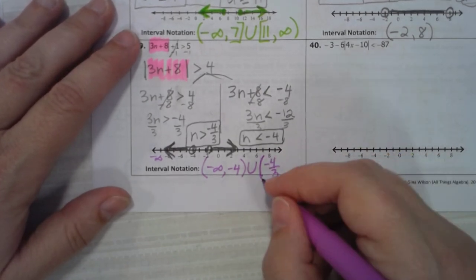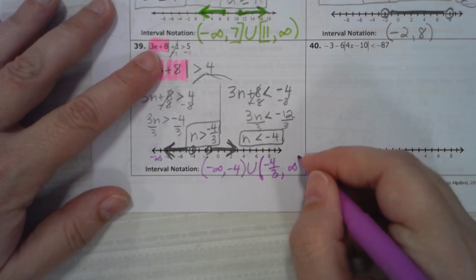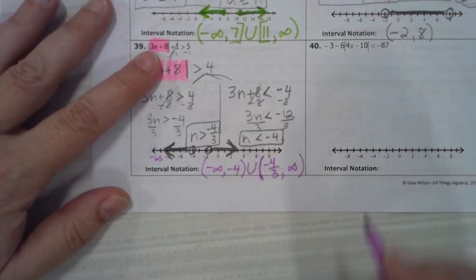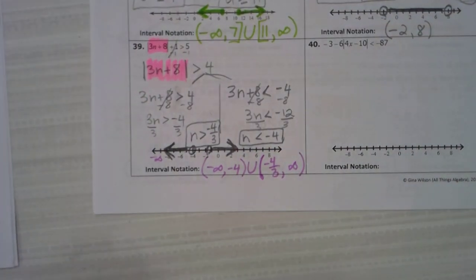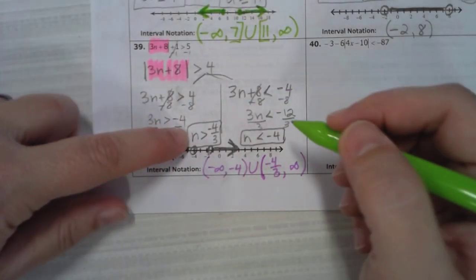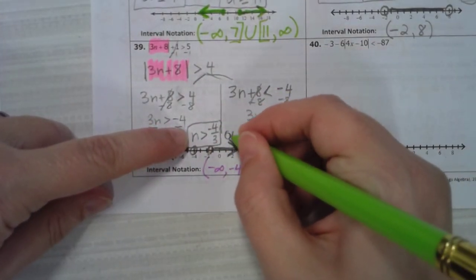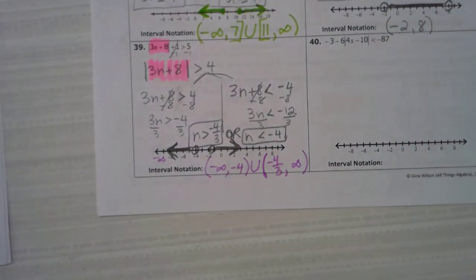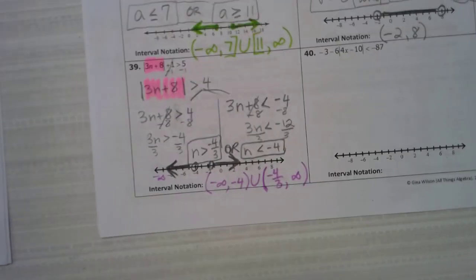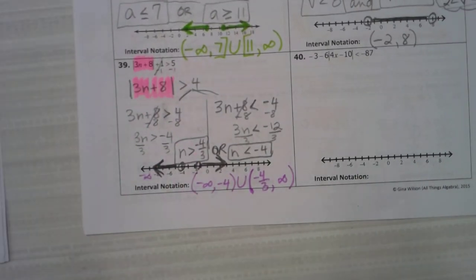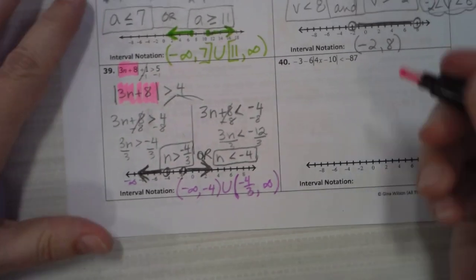It's a parenthesis because it's open, and it's going to head all the way to forever, positive infinity. So what word goes in between here? Since it's split, it's going to get the word or. Awesome.